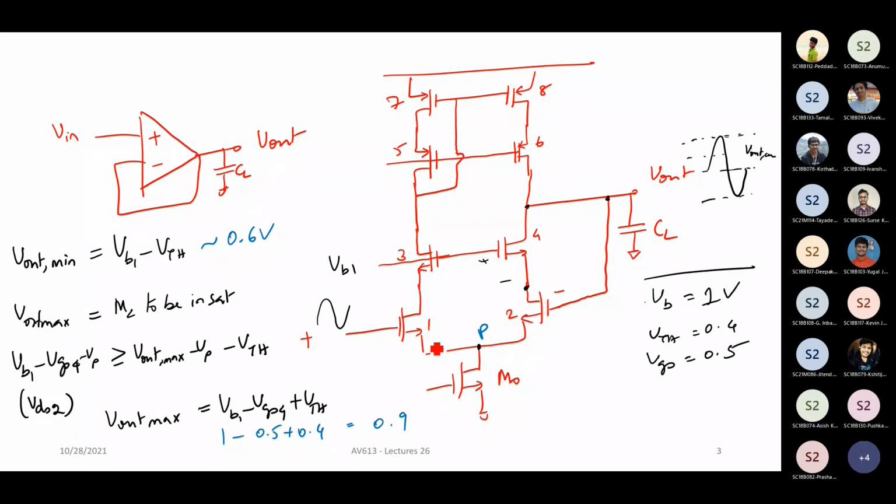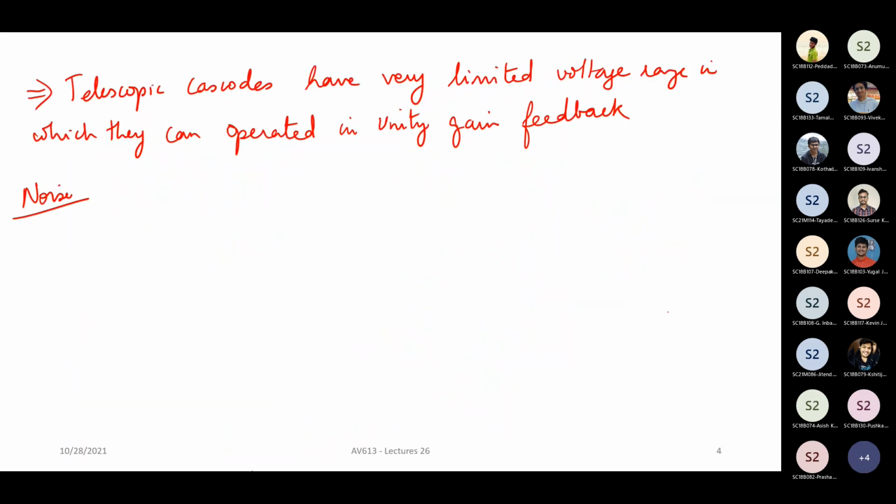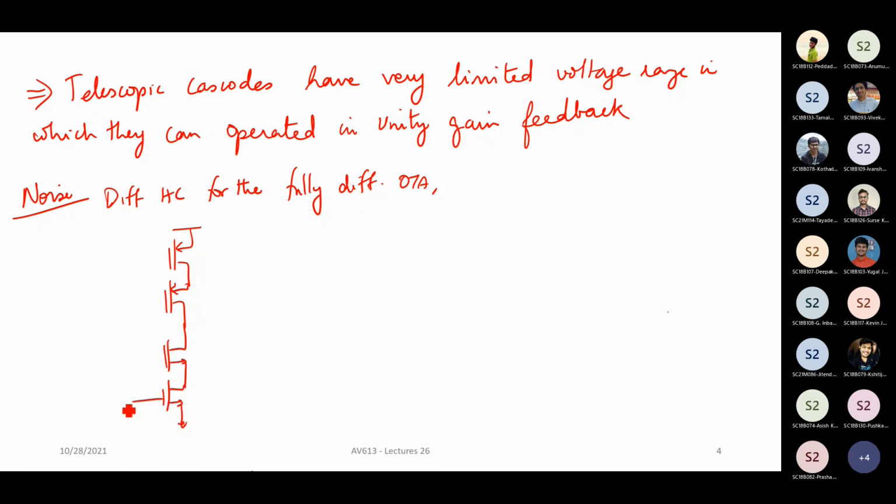So if you look at this particular circuit, this is the input transistor. Of course, this is the single-ended version, so you cannot draw symmetry. If you were to draw the differential half circuit for the fully differential OTA, what will you get? You will have a PMOS cascode and an NMOS cascode, right? Now, let's say this is M1, M3, M5, and M7.